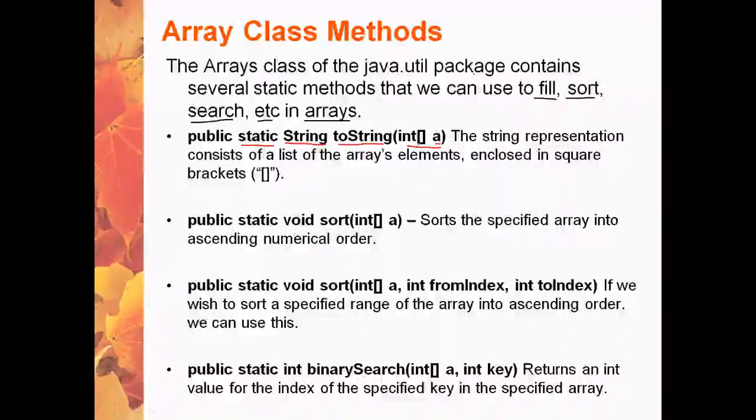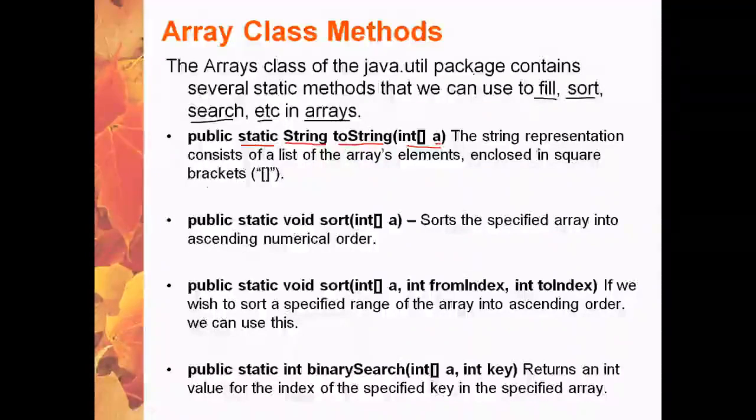If you pass a single dimensional array to toString, it simply creates a string representation of the array. All the elements from the array are converted into a string representation, and that is returned by the toString method.